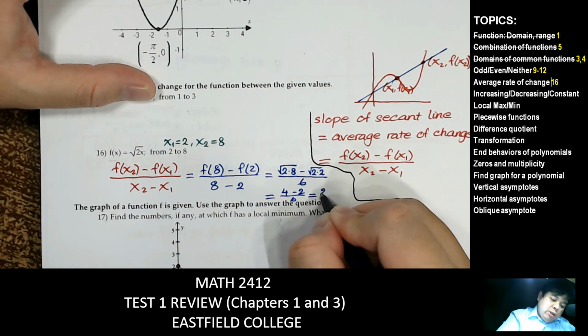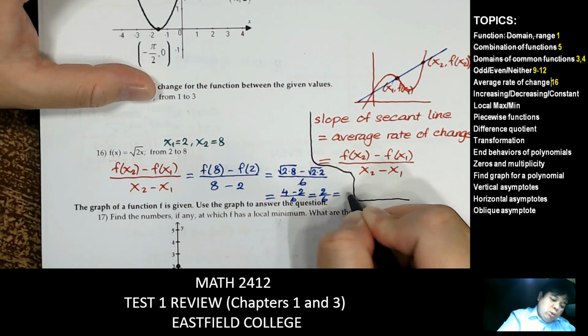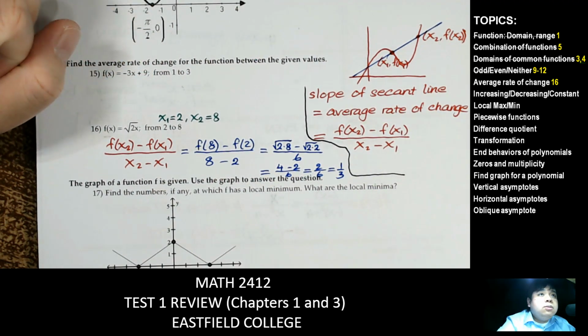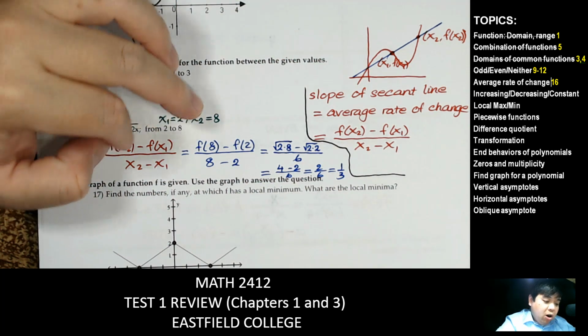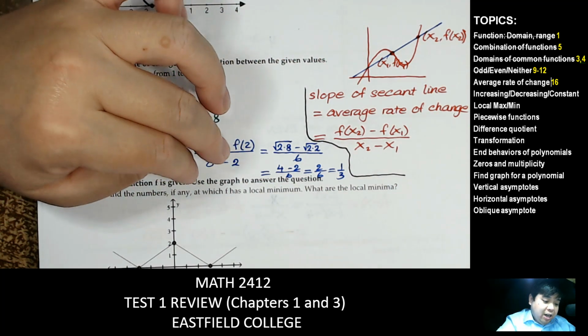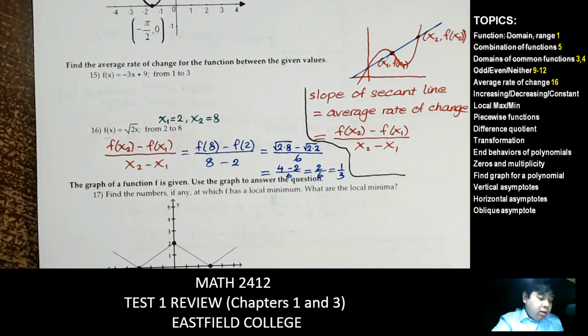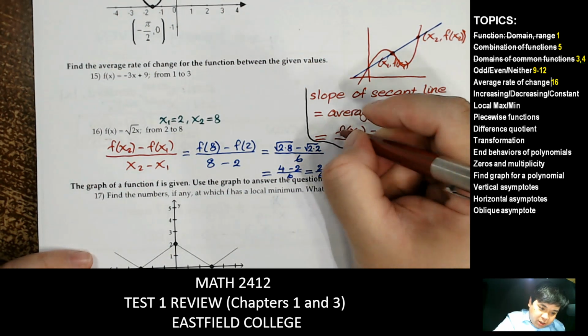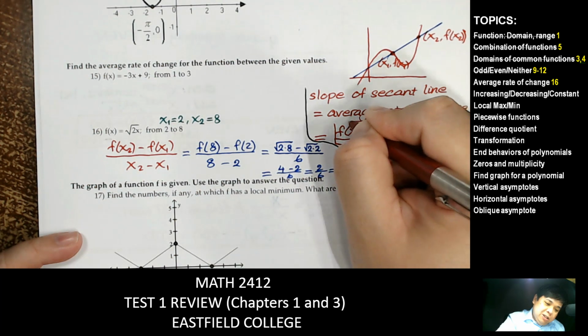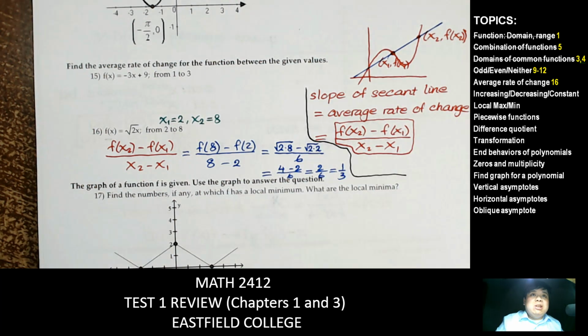So we have 2 over 6, which is 1 over 3. So evaluate the function at those 2 points, subtract them, and then divide by the difference in x values. That is the average rate of change, pretty much this formula, or the slope of the secant line.